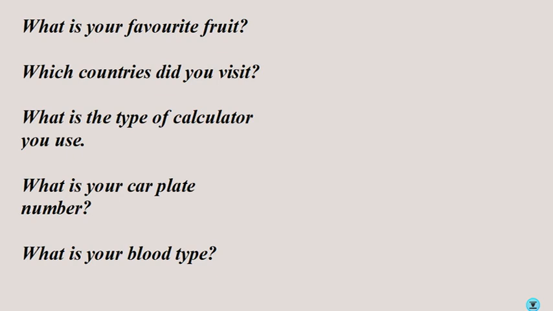What's your blood type? You give a letter, sometimes with a positive or a negative, and so on. In this case, because the answer is not a number, we call this a qualitative variable.